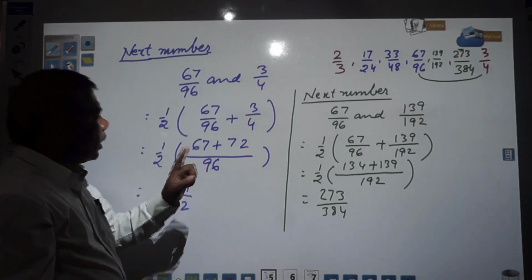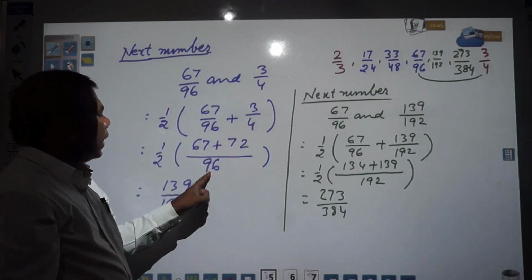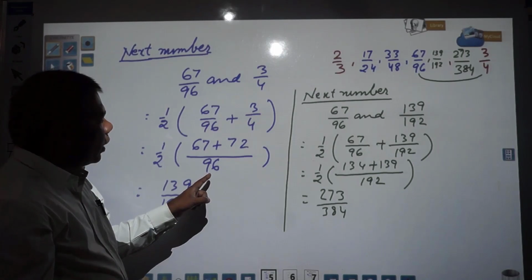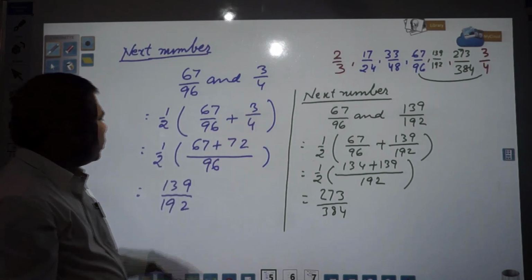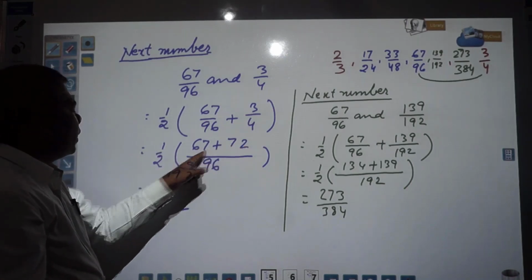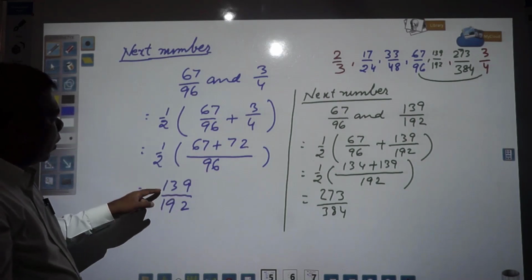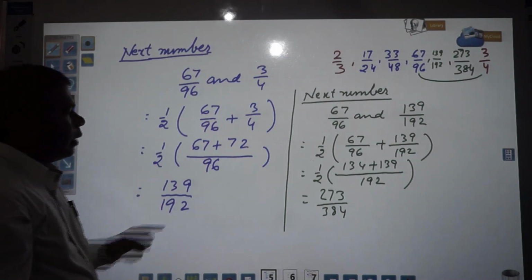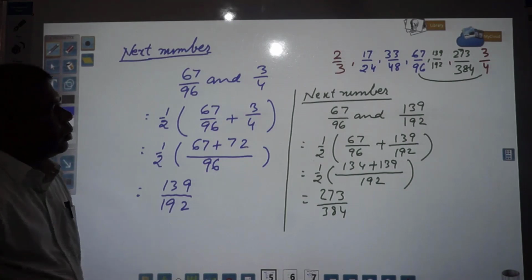If you are dividing, you will get 1 into 67, 67 you got, plus 96 divided by 4, so what you will get? 24. 24 into 3 you will get 72. Now this you add, 67 plus 72 is 139. So finally you got 139 divided by 96 into 2, it means 192. So next number you got 139/192.